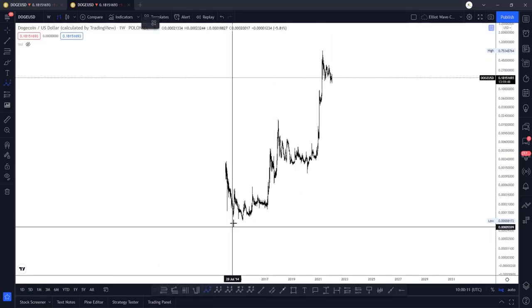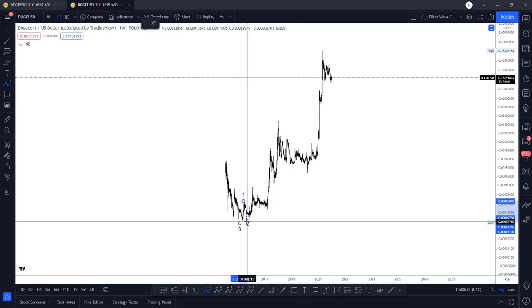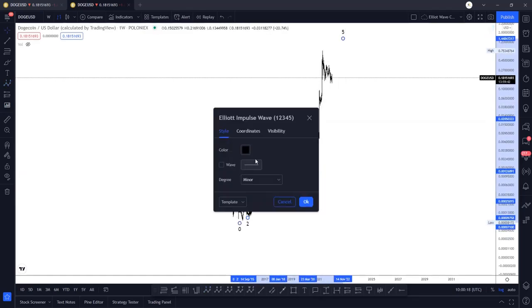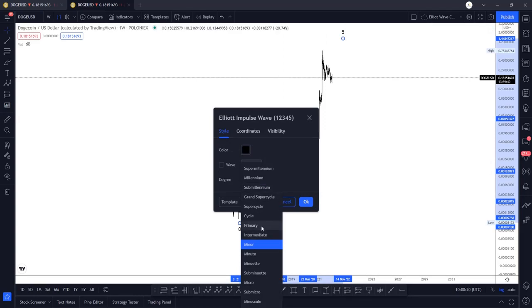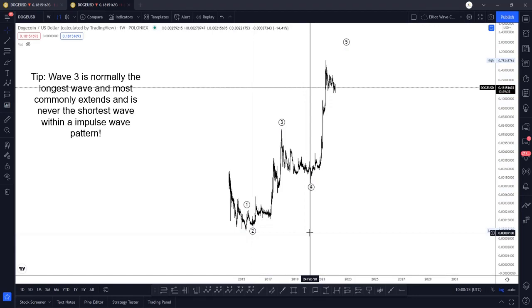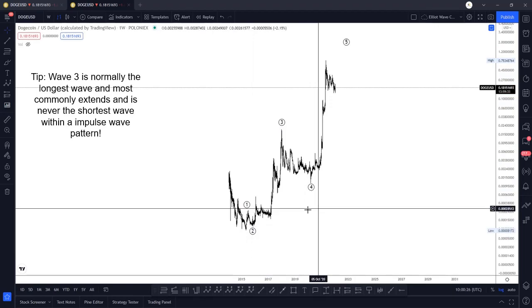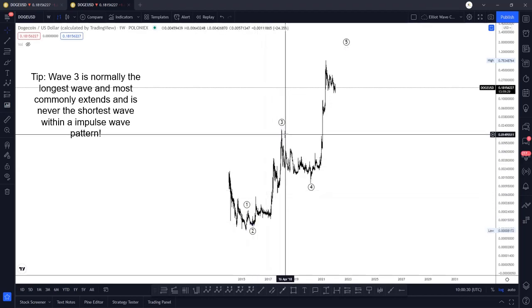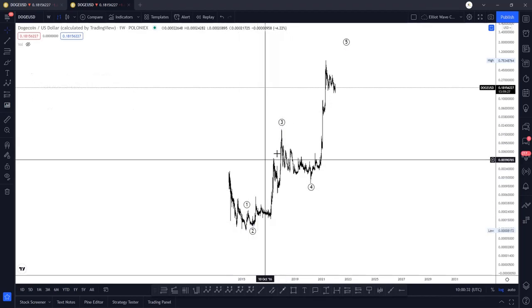And we can already identify an impulse wave in the market, that quickly. Now, according to the rules and guidelines, especially for impulse waves, wave 3 is normally the most extended wave, and wave 3 will normally feature an impulse wave within an impulse.